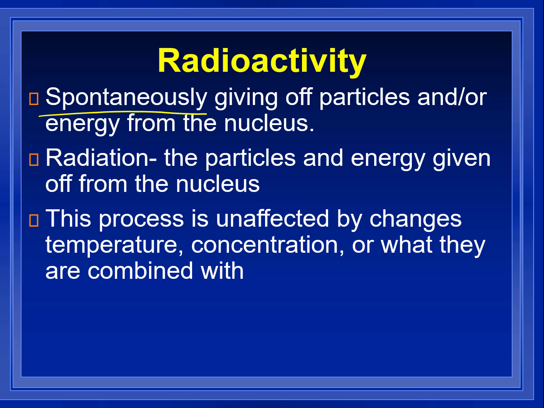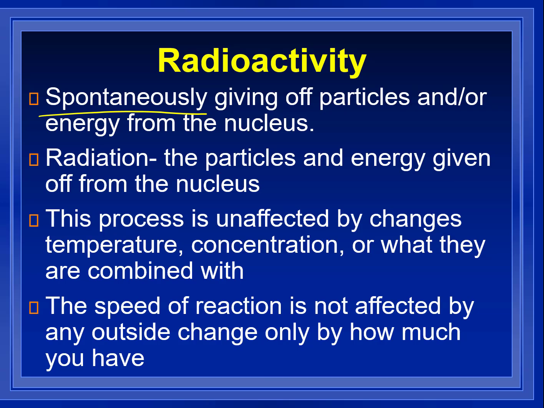She was trying to isolate radium, and it didn't matter what she did to it, it always stayed radioactive. She found the only way she could get more radioactive would be to concentrate it down, to take the same stuff and put it into a smaller space. So the speed is only affected by how much you have.